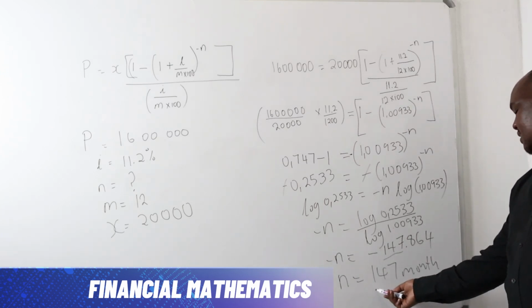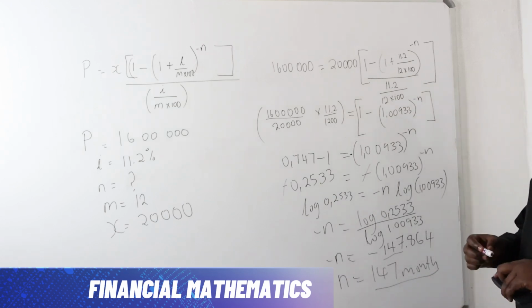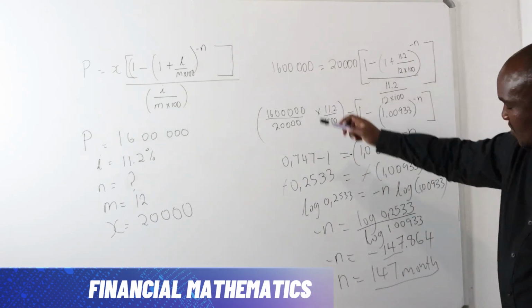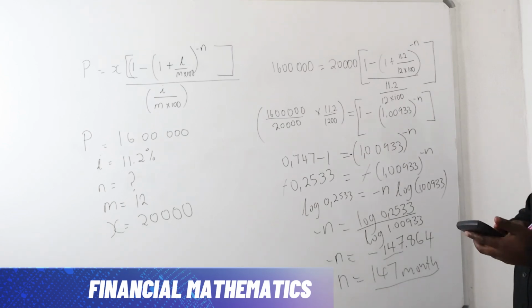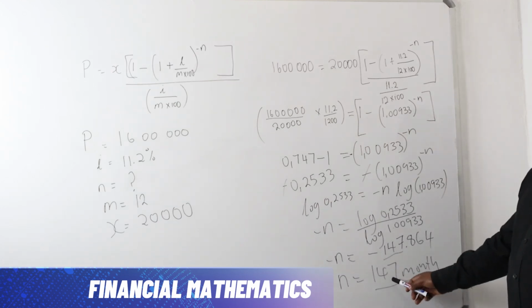So what does this mean? It means this guy will make 147 withdrawals until his 1.6 million is finished. Let's see what this means.